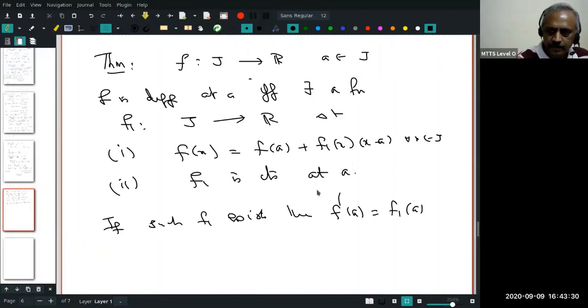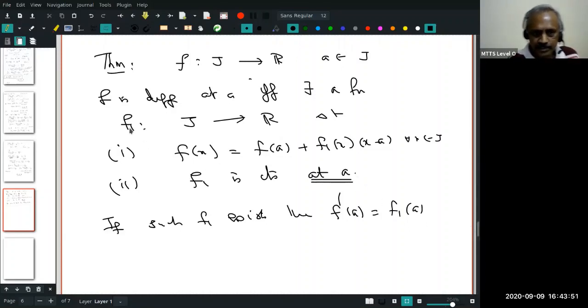Notice that when x equal to a, this will be 0, therefore f of a equal to fa. You understand this? So this equation should be true for that f1. Not only that, I don't want f1 to be continuous on all of j, but I want f1 to be continuous at a. This is a crucial word.